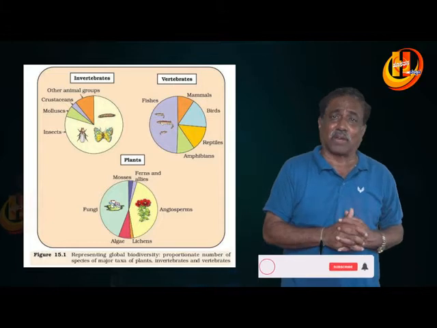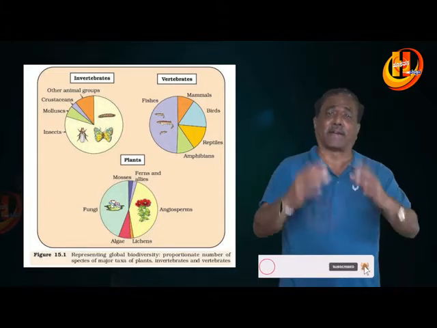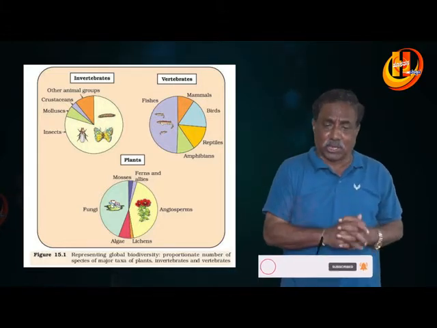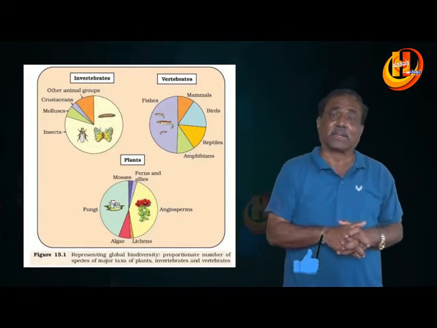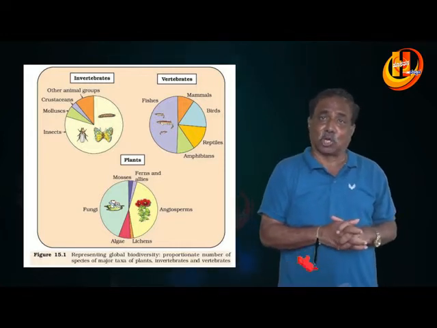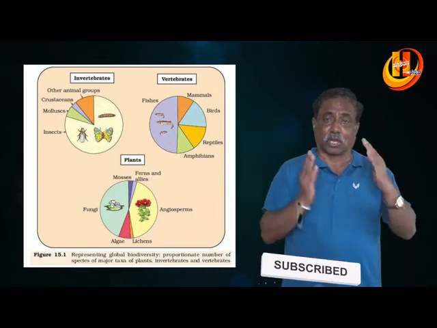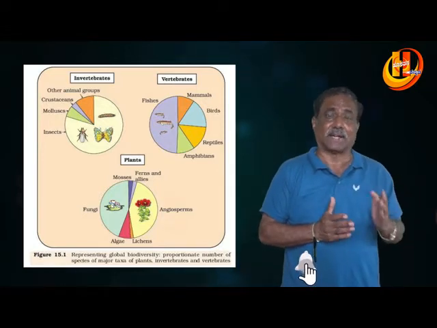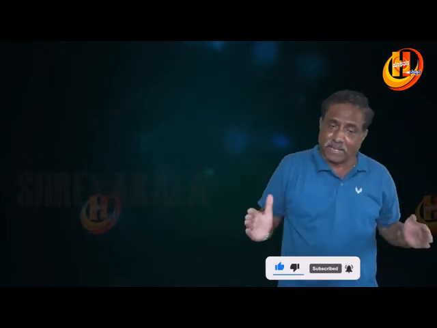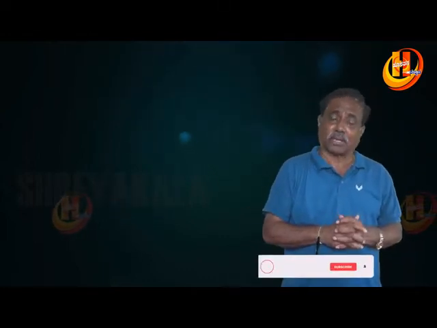And India is one of the 12 mega biodiversity countries. In India there are about 45,000 species of plants and about 90,000, double that of the plants, animal species are present.